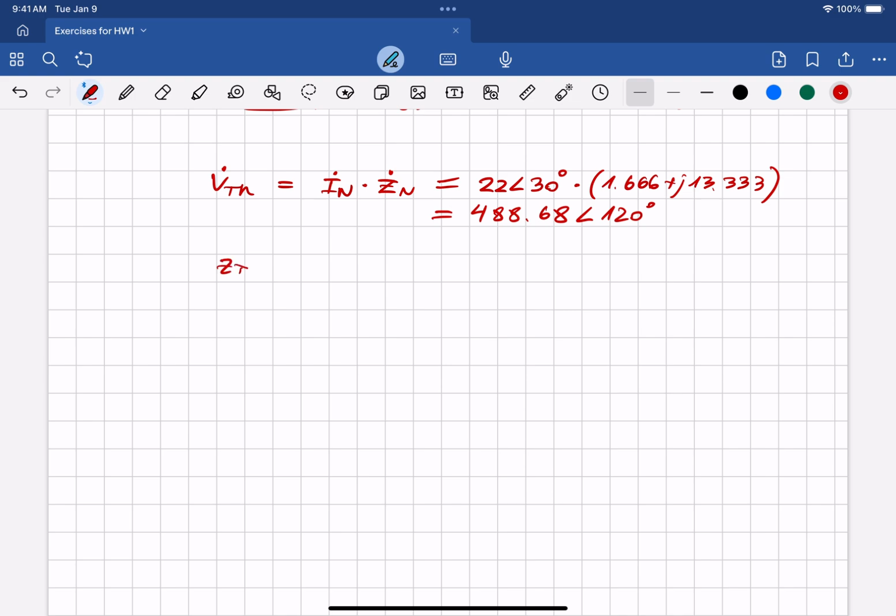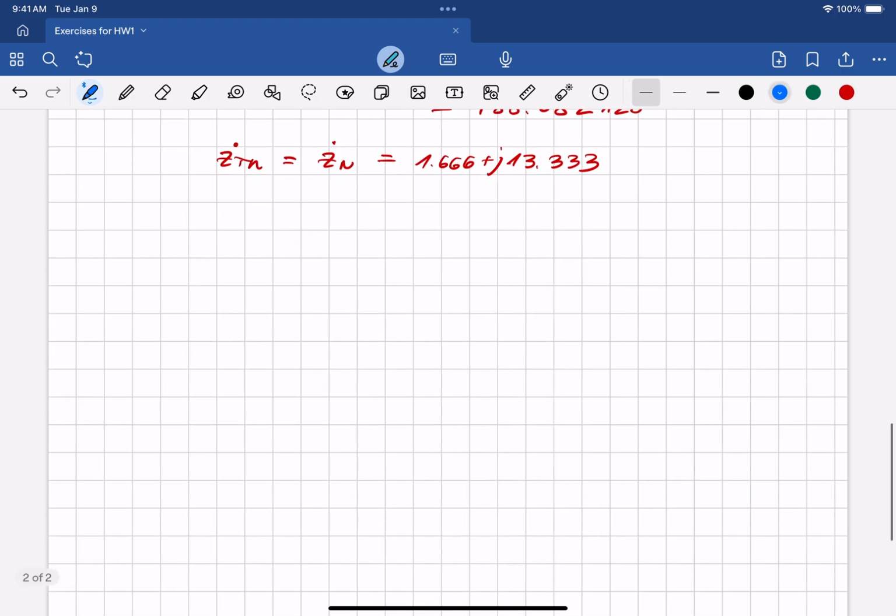And finally, the Thevenin impedance and the Norton impedance are the same, so we already have those values. Okay, great. Then the Thevenin equivalent will be simply this.